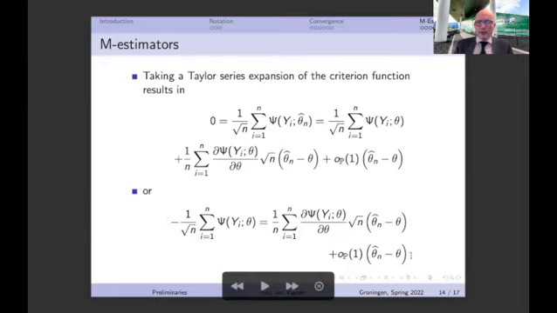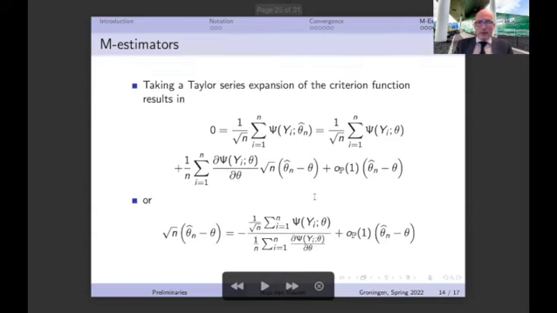I can actually also bring this to the left-hand side, but then I will just again have O_P(1) multiplied by this thing over here. And I can divide, of course, the left and the right-hand side by this term that we have over here. Then we get exactly what I wanted. The left-hand side now has the square root of n multiplied by theta hat n minus theta. We have a lot of things at the right-hand side.